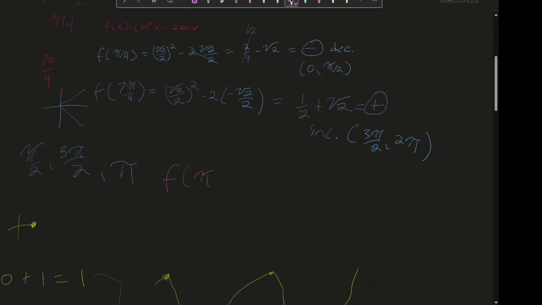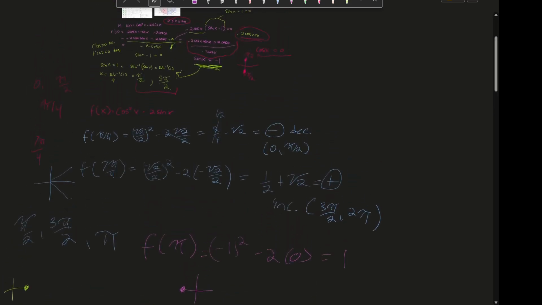So f evaluated at pi. Cosine of pi is -1, but then that's squared, minus 2 times sine of pi, which is 0. That's that reference angle at pi. So that is just 1.